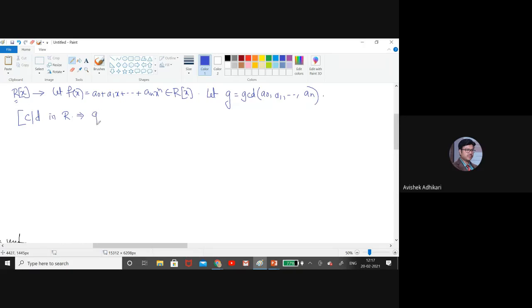If G is the greatest common divisor, it means G divides ai for all i from 0 to n, and if D is any common divisor of a0 up to an, then who will divide whom?